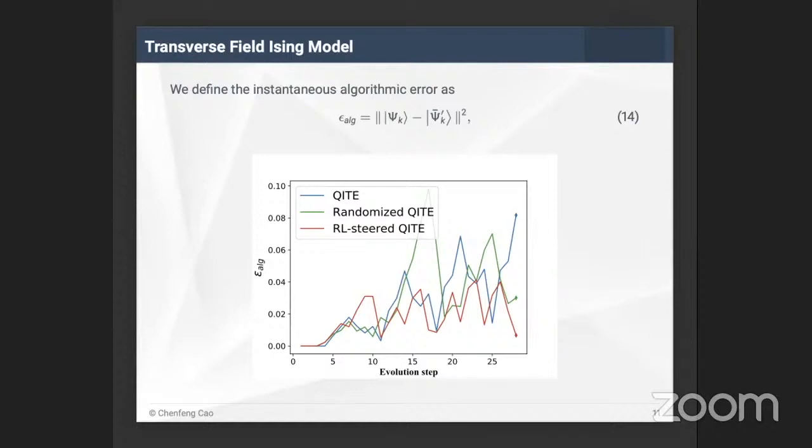It will increase gradually. And the randomized QIT, denoted by the green line, performs slightly better than the standard one, and eventually it drops to the middle position. And the path optimized by our reinforcement learning agent is the best.